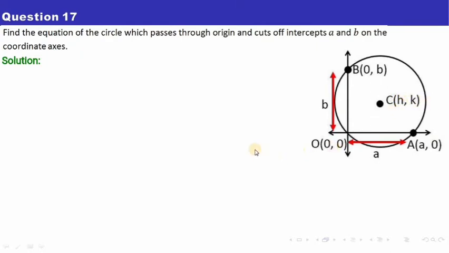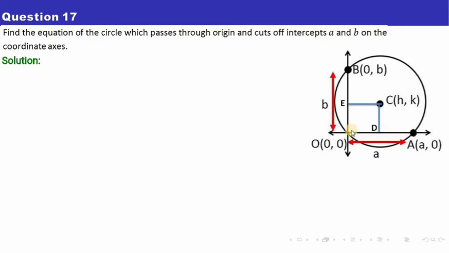Now let us see some construction here. I have dropped a perpendicular, you can see, and similarly one more perpendicular, that is CD. Now we know that OA is a chord, right? And CD is a perpendicular, which means this perpendicular from the center will bisect this chord. That means OD and AD will be equal to each other.